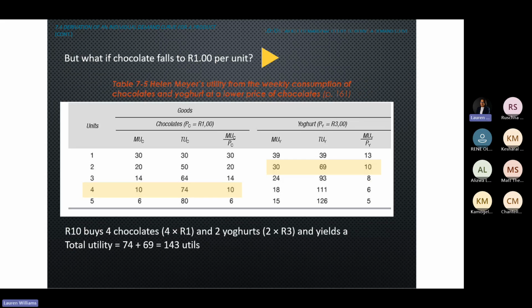So what happens then if chocolate now falls to 1 Rand? It was 2 Rand, it's now 1 Rand. How does that change things? Because realistically that's what constantly keeps happening, where you have a basket of goods every month.